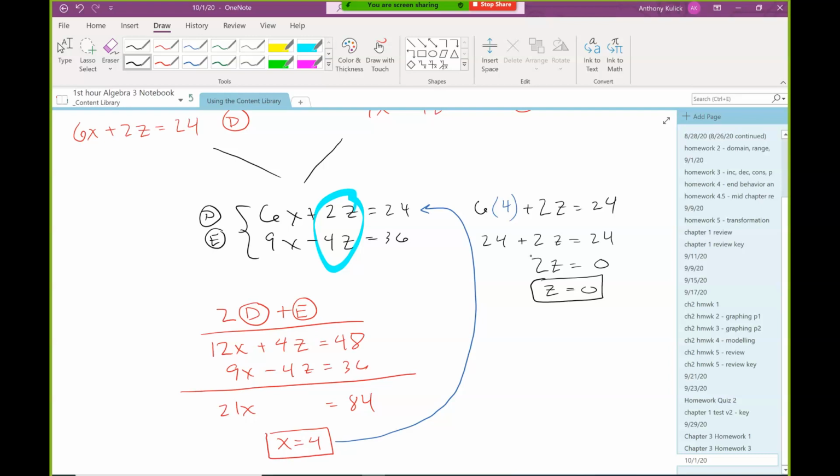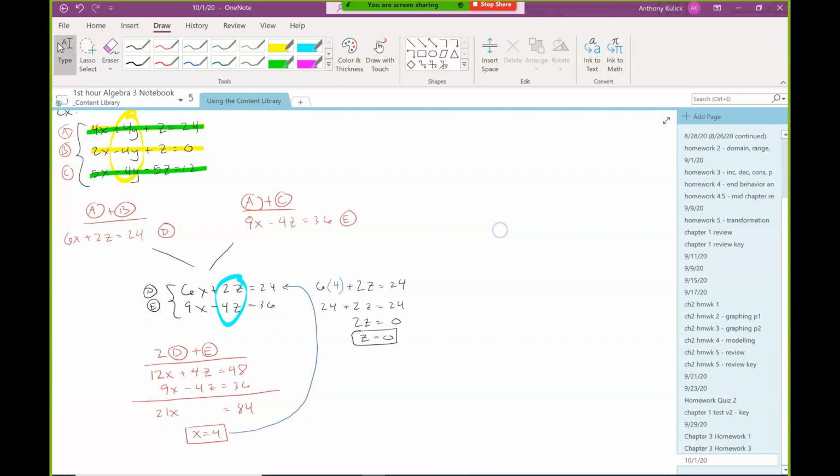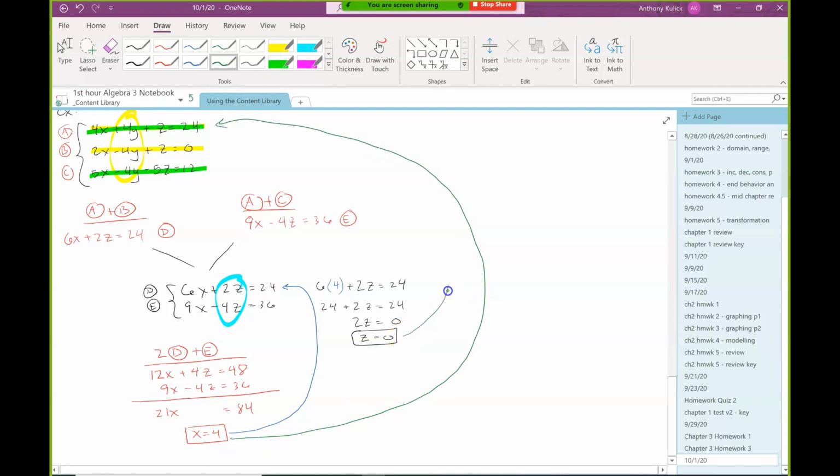Is everybody okay there? Okay. Now that I have two parts of my answer, I can find the third. So to do that, I'm going to take both of these parts and plug them back in somewhere into equation A, B, or C. So for the sake of argument, I'll plug these into equation A. It doesn't really matter which one you would have chosen.